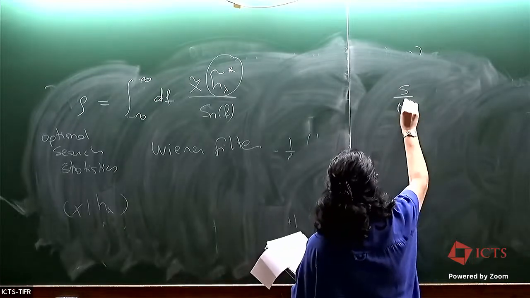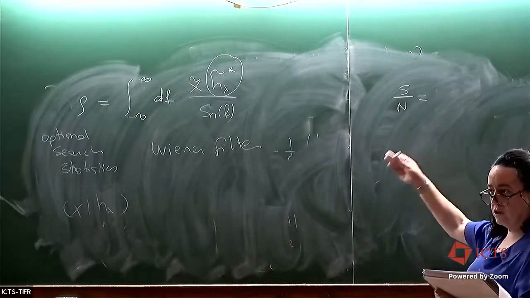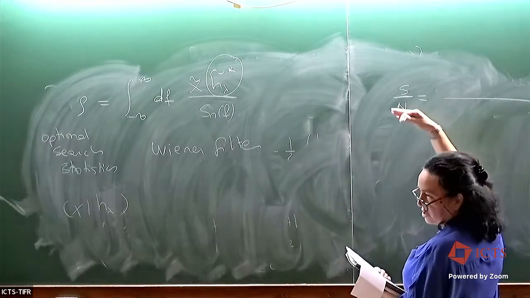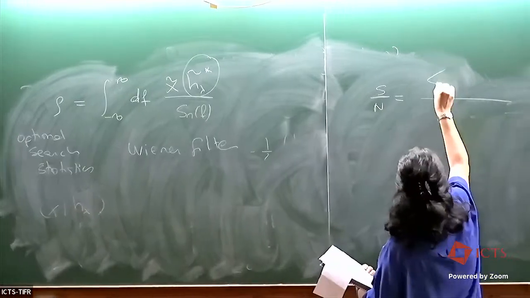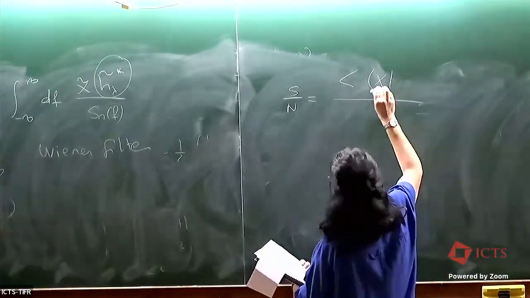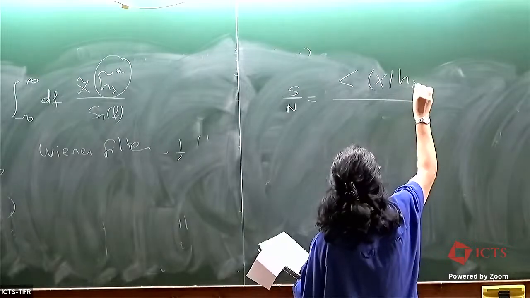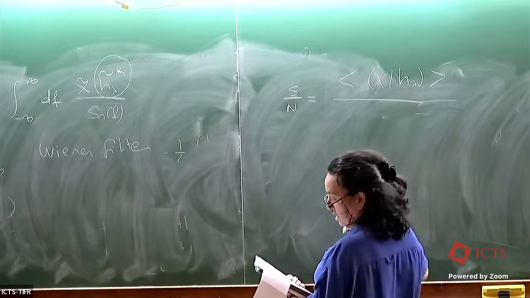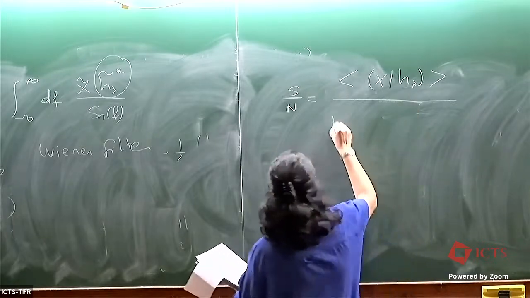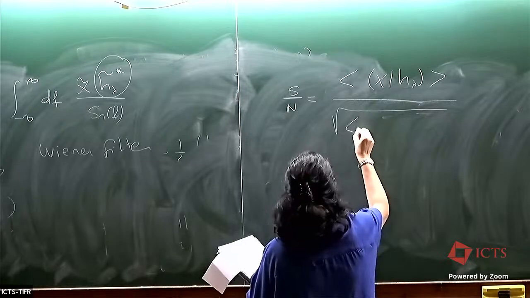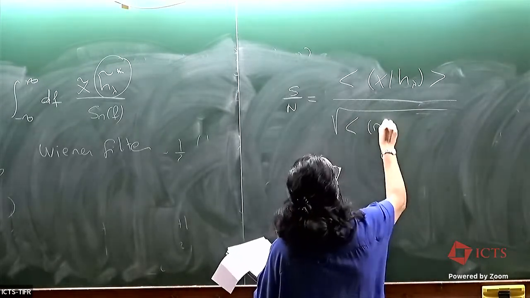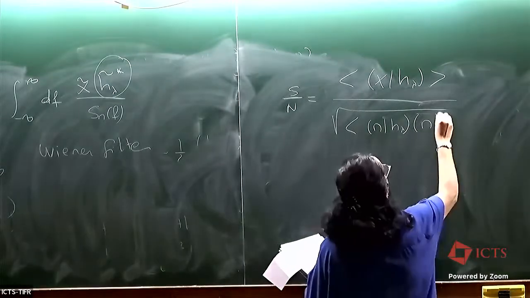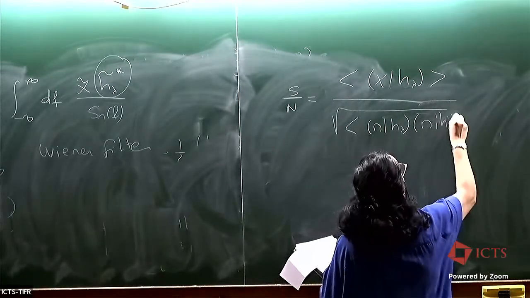So the signal to noise ratio, let me convert it into my scalar products. I said it is the expected value of the test. I get my data, I do the scalar product with the signal that I expect is in there, divided by the root mean square of n, h lambda, n, h lambda.